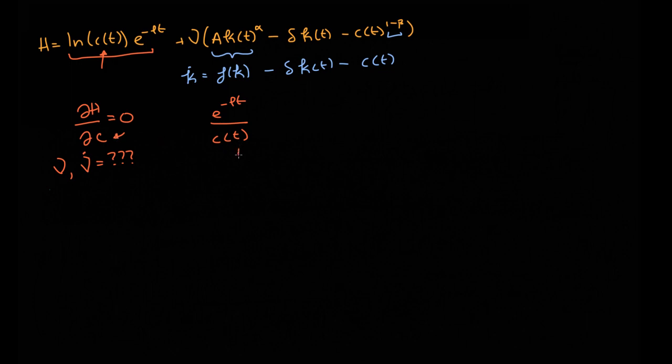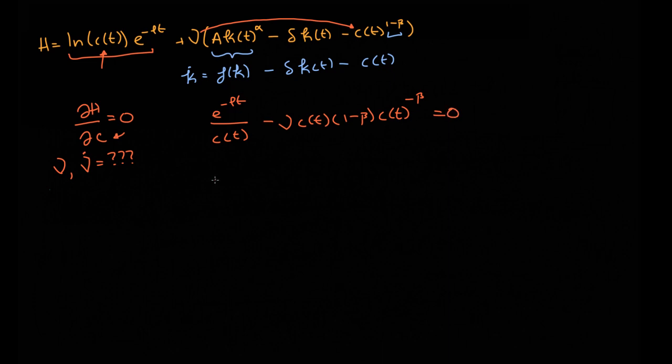If we took the derivative with respect to time, since c is a function of time, we would do chain rule and get that c dot, but that's not what we're doing here. Okay, so e to the minus rho t divided by c t, and then we distribute the nu over to this c, and it's negative, so we'll get minus nu c t, and using power rule, 1 minus beta c t, and then we de-increment, so we get minus beta, and that's all equal to 0.